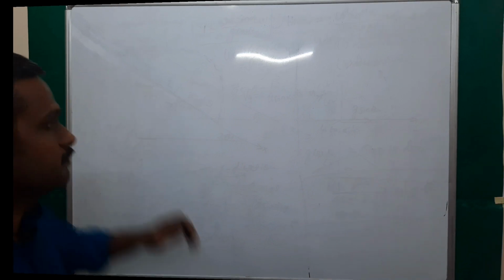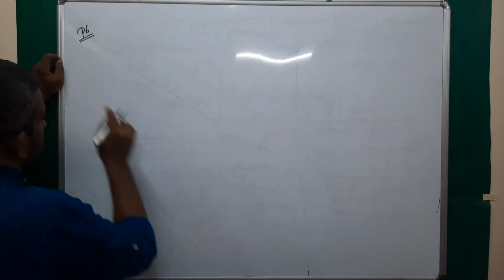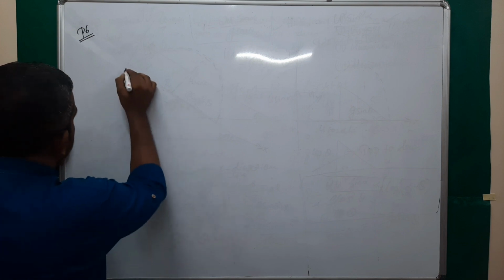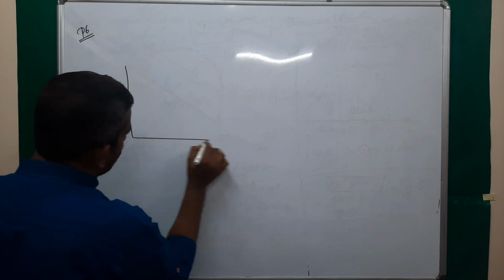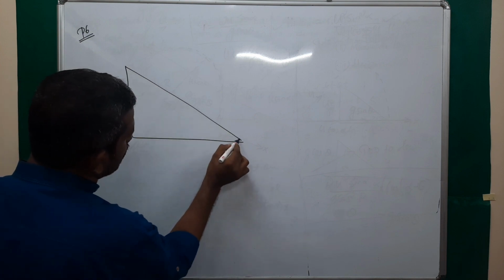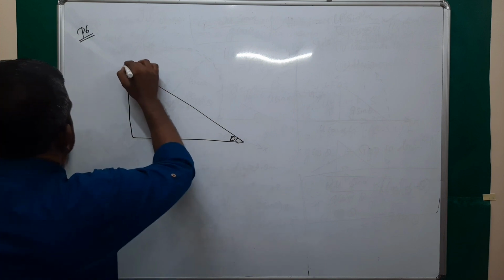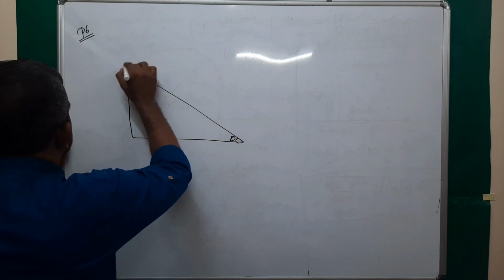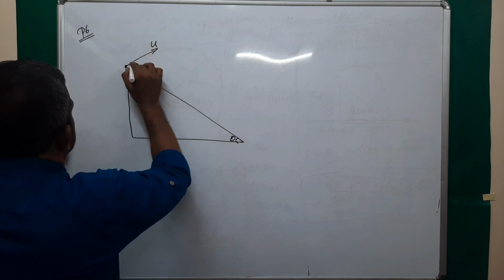So sixth problem. Consider an inclined plane of inclination theta. A projectile is projected from here with initial velocity u at an angle alpha.